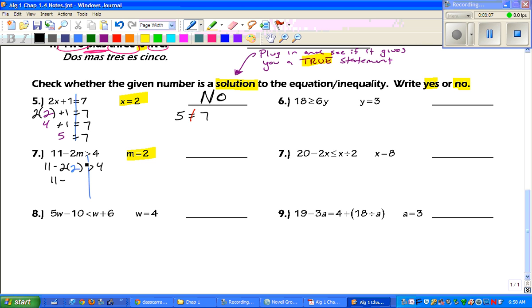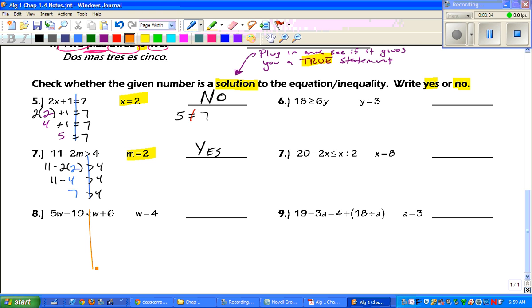So same thing, order of operations. 2 times 2 is 4. 11 minus 4 is 7. Now let's read this. 7 is greater than 4. Is 7 greater than 4? Hopefully you guys agree.